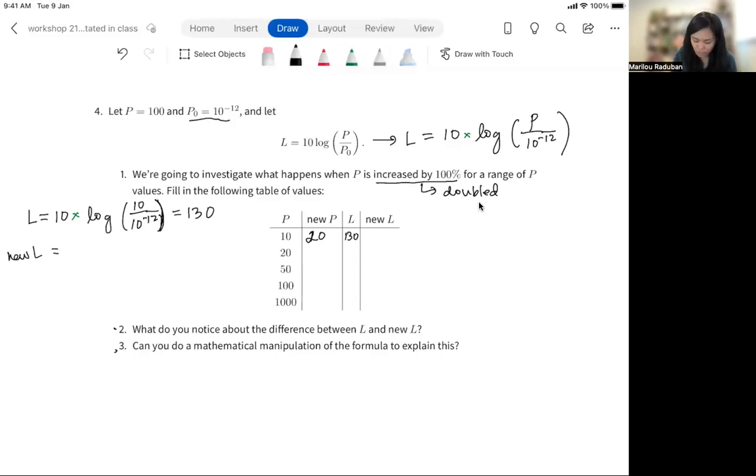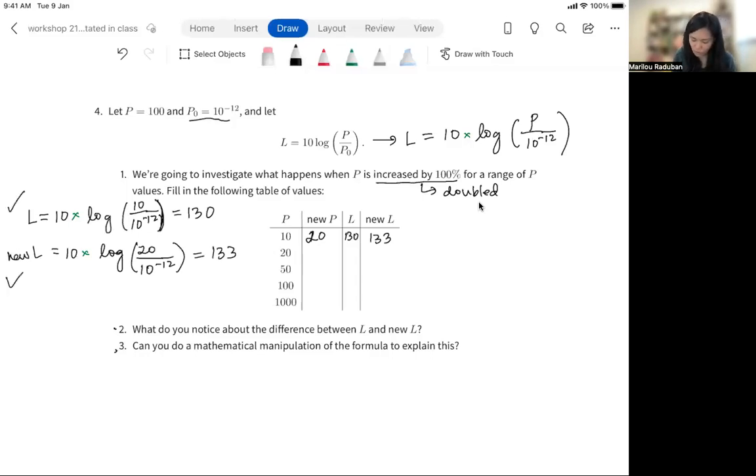For the new L, what you need to do is use the same equation, 10 times log. The new P is 20, so it will be 20 divided by 10 exponent negative 12. Carrying out the 20 divided by 10 exponent negative 12, getting the log of that will give you 13.3, times 10. So that will be 133 for the new L. So it's the same procedure for different P values.